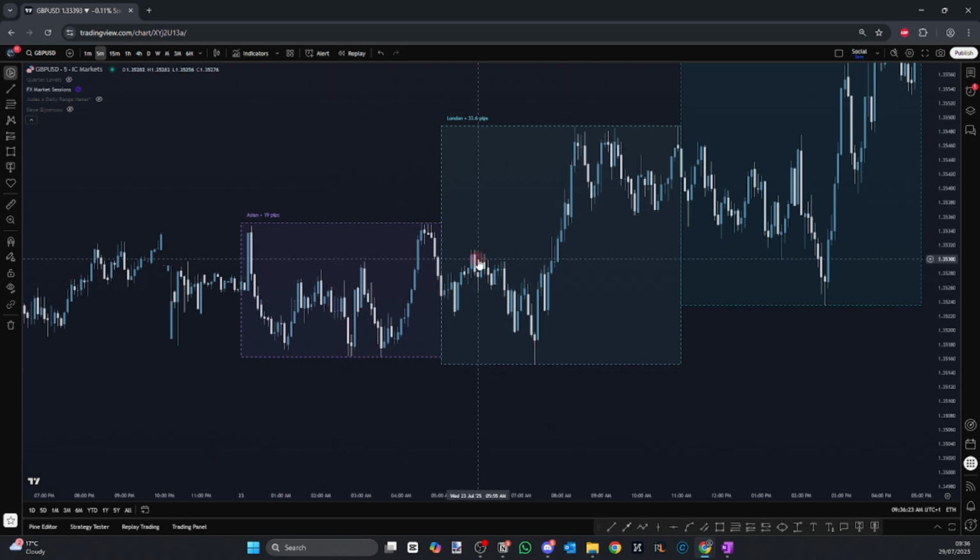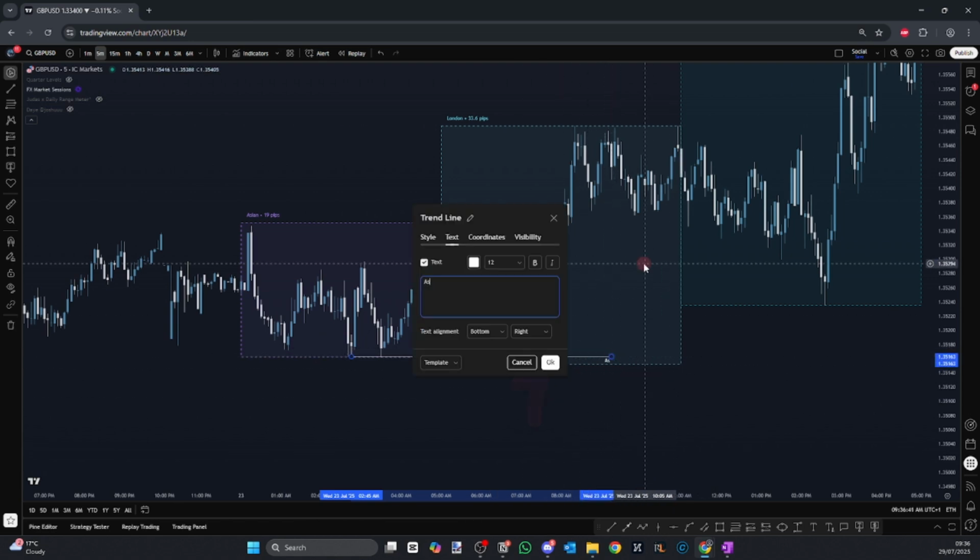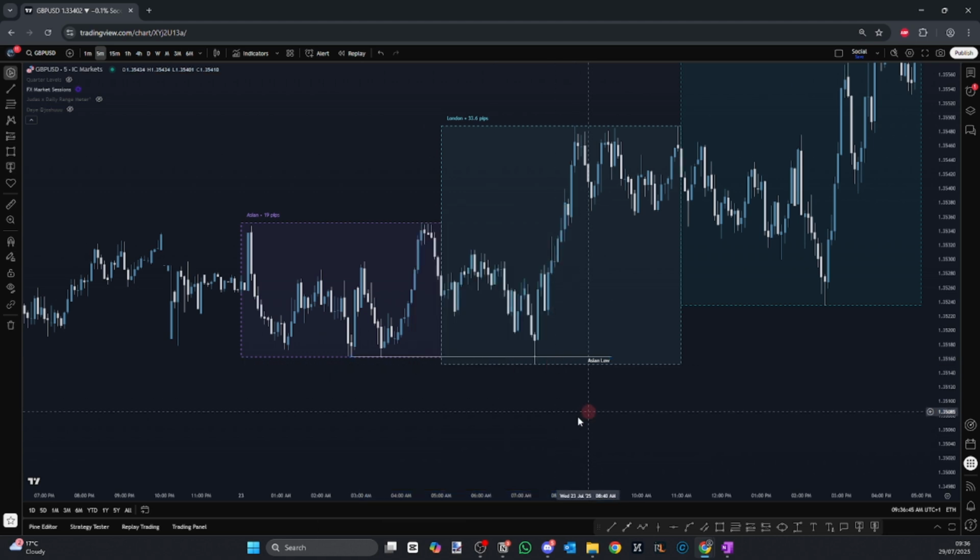As the London session opened, you can see we wicked the Asian lows first. So here's our liquidity sweep right here. And let's just type it in, Asian lows. So again, the liquidity has been taken.